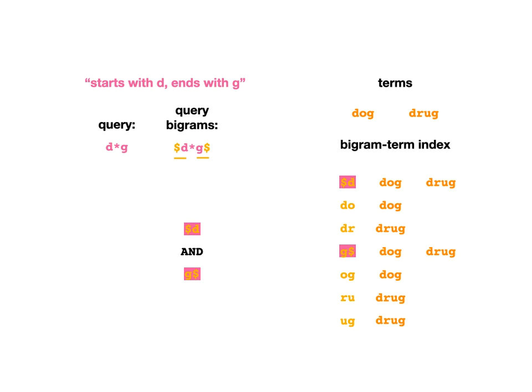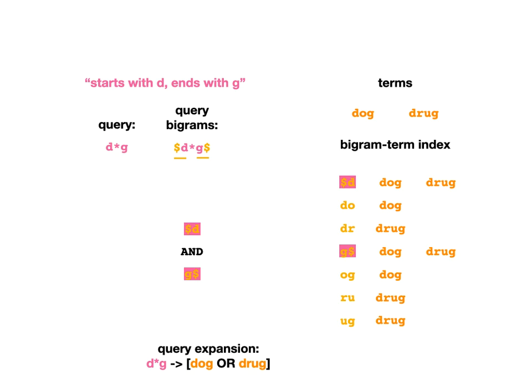Thankfully, this time they both count, so when we intersect this list, we get dog and drug. Great. We have expanded our query in exactly the same way using k-grams instead of the permuterm walking through a tree system.